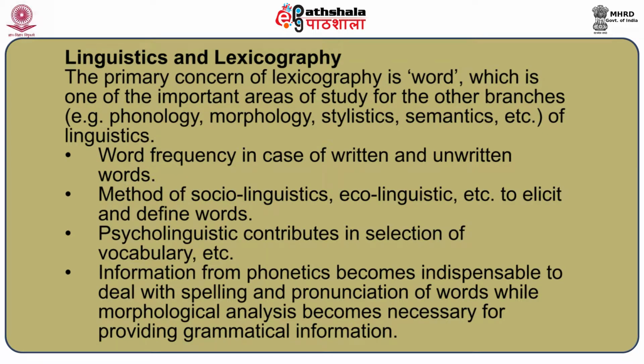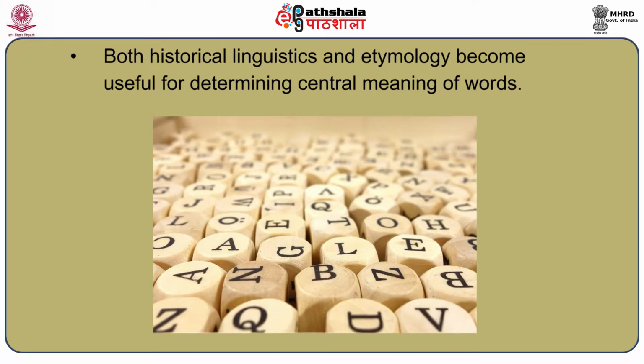Information from phonetics becomes indispensable to deal with the spelling and pronunciation of words, while morphological analysis becomes necessary for providing grammatical information of words in the dictionary. Both historical linguistics and etymology become useful for determining the central meaning of words for the dictionary.